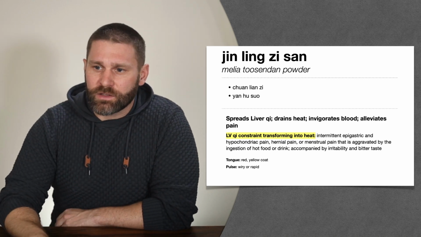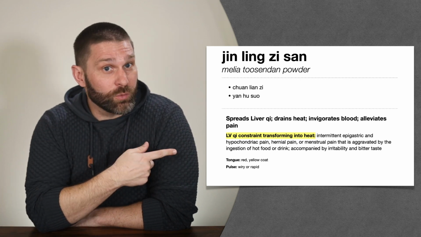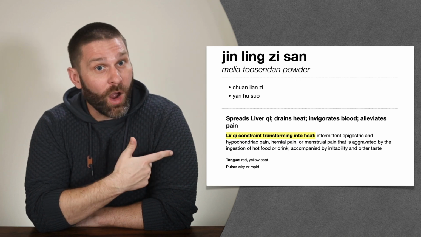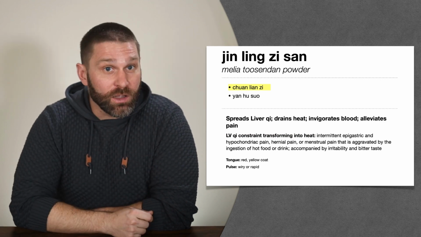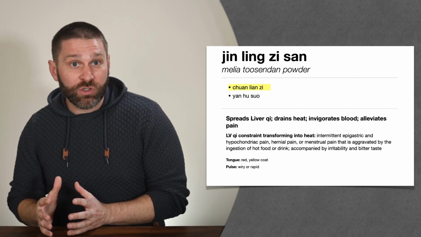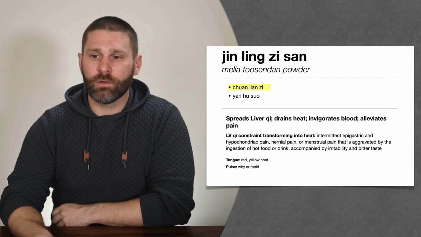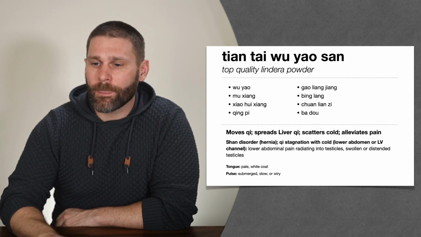Bitter taste in the mouth is a very Shaoyang thing. The tongue is red with a yellow coat, red because of heat, yellow coat because of heat. The pulse is wiry because of the stagnation, rapid because of the heat. And there we use Chuanlianzi because it moves liver qi, but it's also cold in temperature. So this is the perfect herb for this situation. So that's an example of using Chuanlianzi.